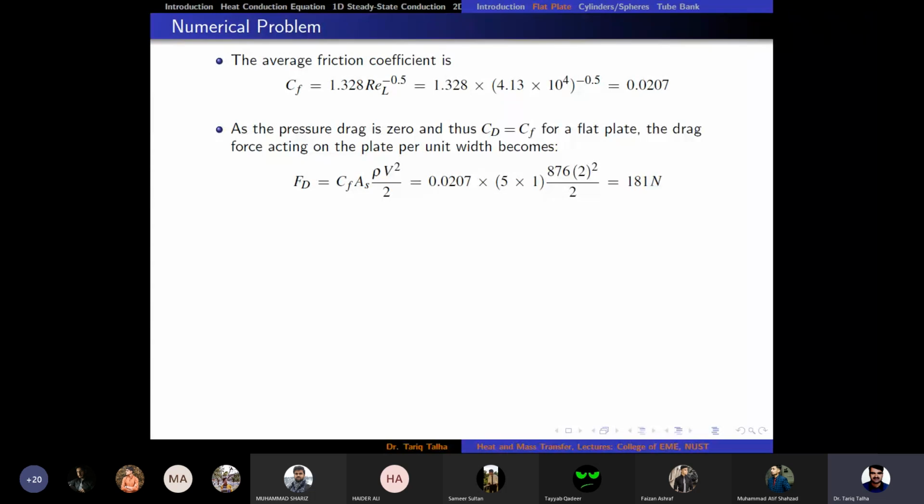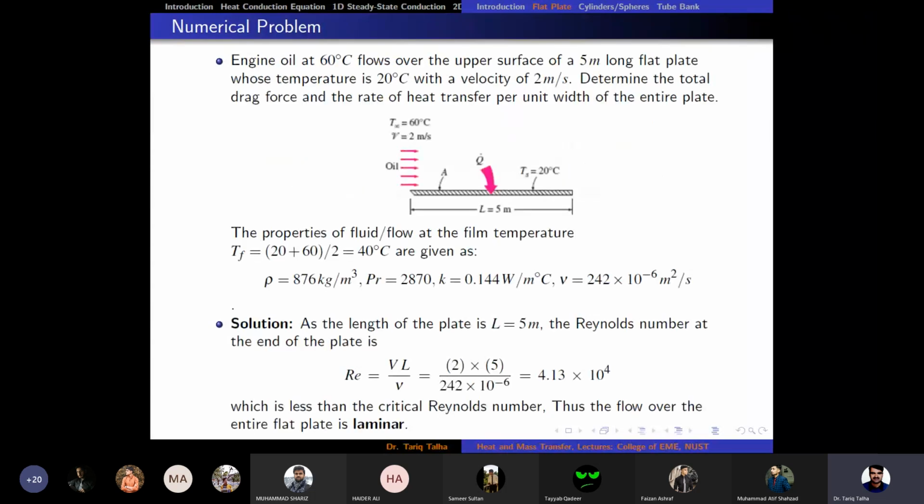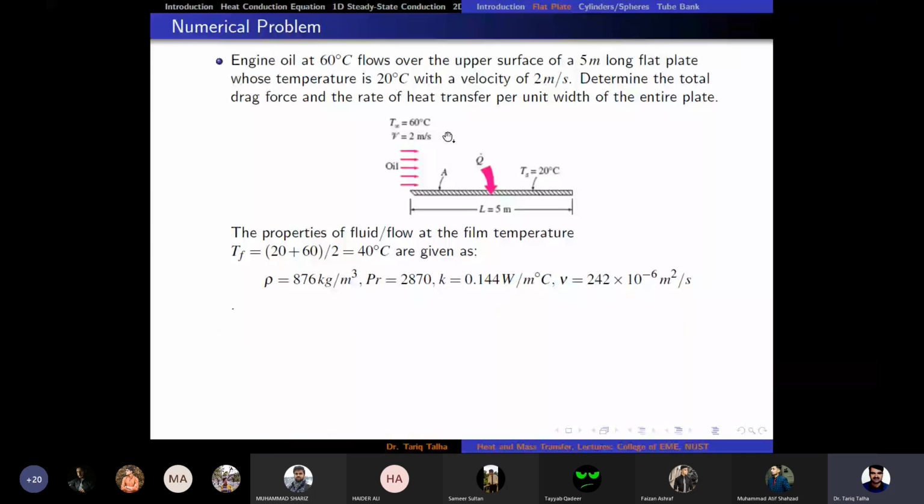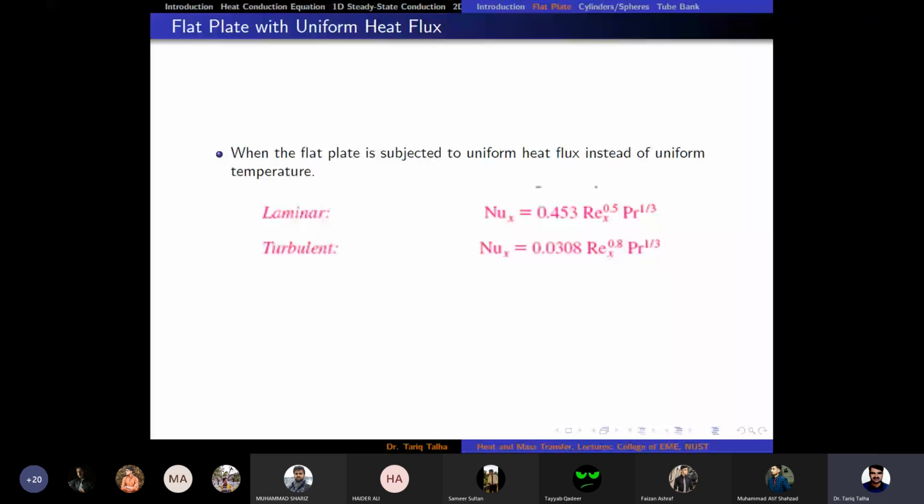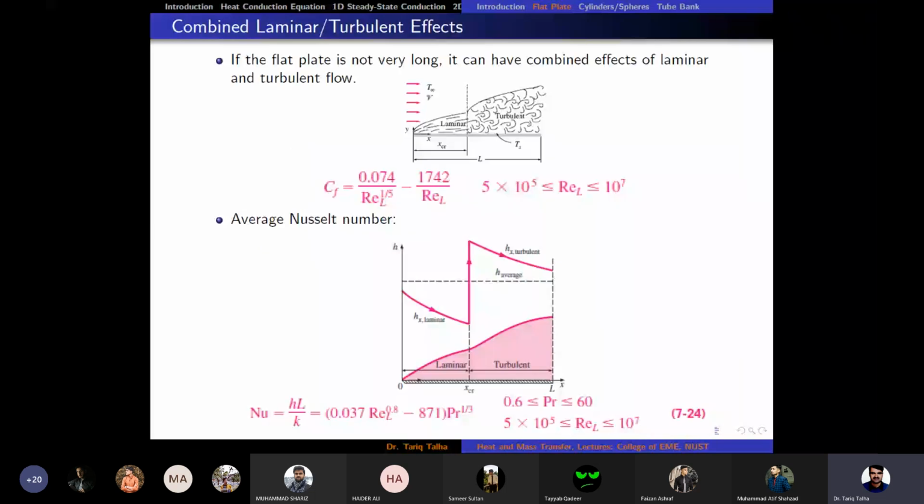And now the second thing, we need to determine the heat transfer rate. For the determination of heat transfer rate, Q is equal to HAS into TS minus T infinity. So the only unknown here is H. AS is known, TS is known, and T infinity is known. So for the calculation of H, we need to know Nusselt number. For the average Nusselt number, we can use this formula, right?